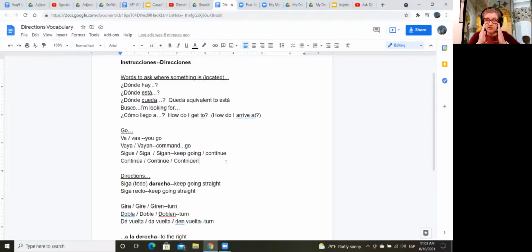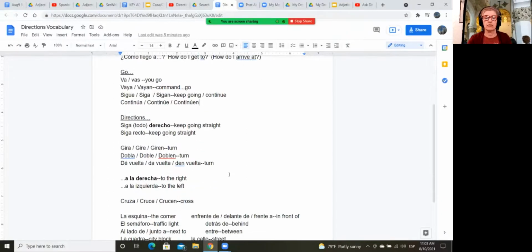And it might be the word derecho, it might be recto. There are variations. So let's look at words that talk about direction, because you're going to see these in the next chapter. Siga, and they may or may not use the word todo. They may use it. They may skip that word todo. So that's in parentheses. Siga derecho means keep going straight. Siga todo derecho also means keep going straight.